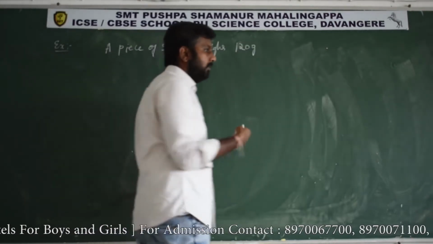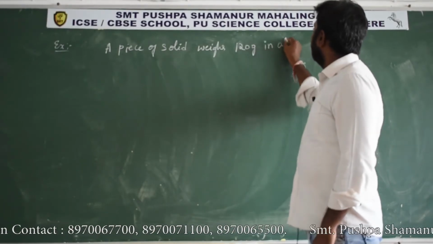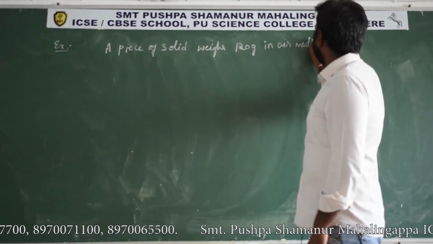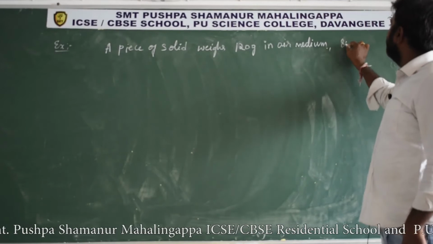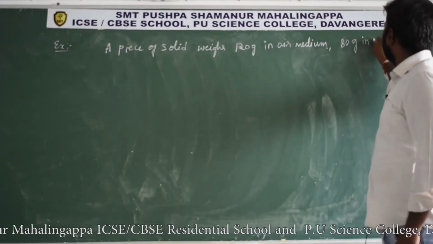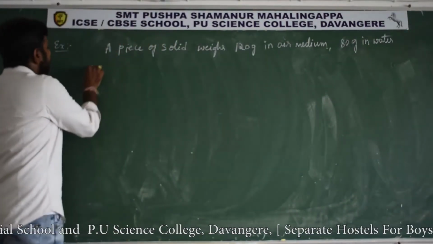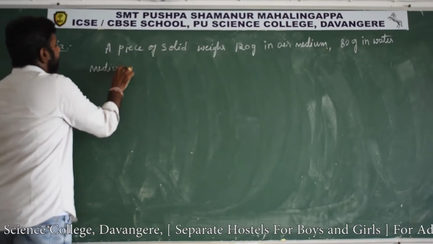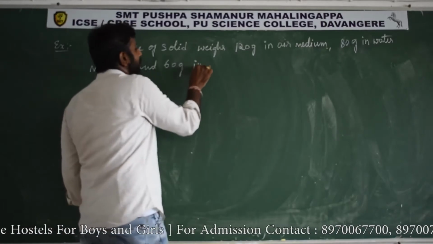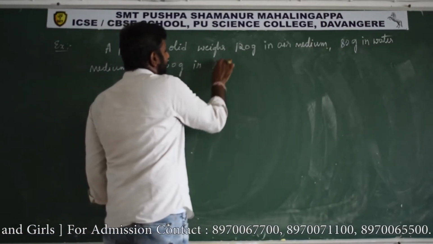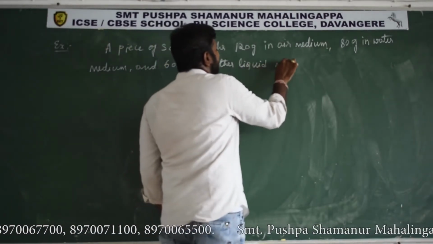G means not grams, okay, and that is acceleration due to gravity. 120 g in air medium, 80 g in water medium, and 60 g in other liquid medium.